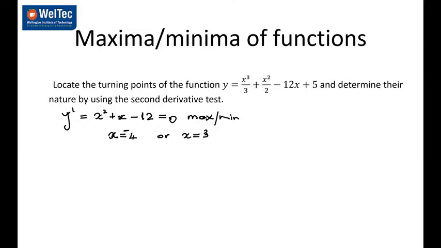If x is equal to negative 4, y is equal to 119 over 3, a crazy answer. And if x is equal to 3, y is equal to negative 35 over 2.